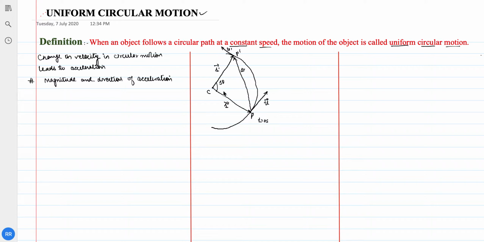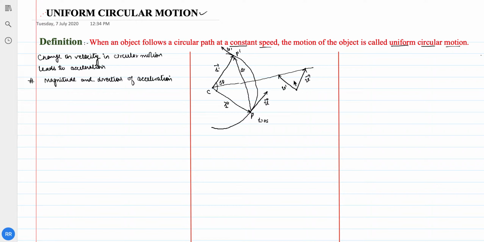Now as the velocity is changing from v to v prime, to find the change in velocity we will draw a line from here which bisects delta r, like this. You can find the change in velocity from here. This is the velocity vector, and this is v prime.